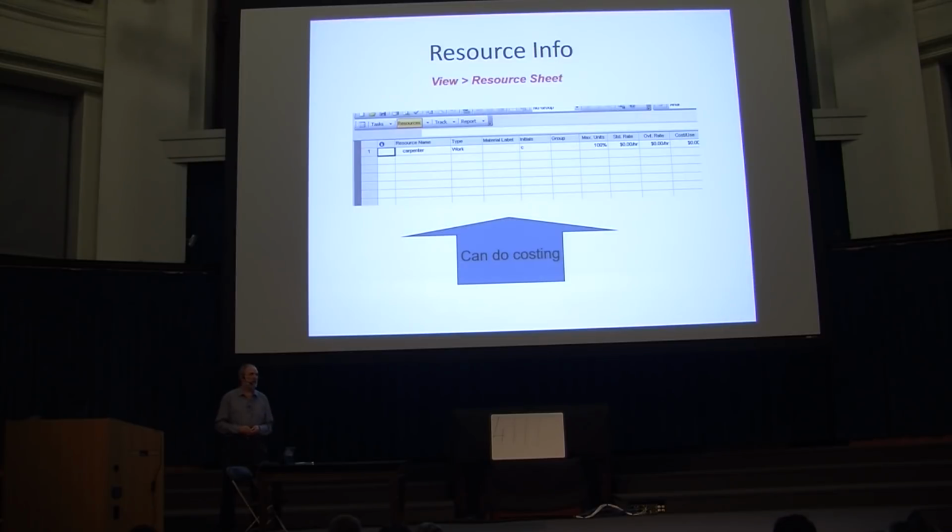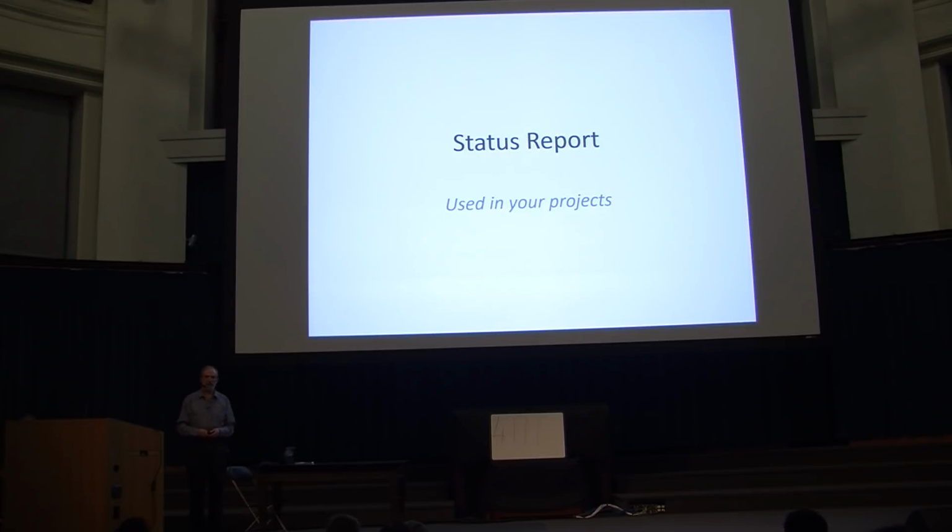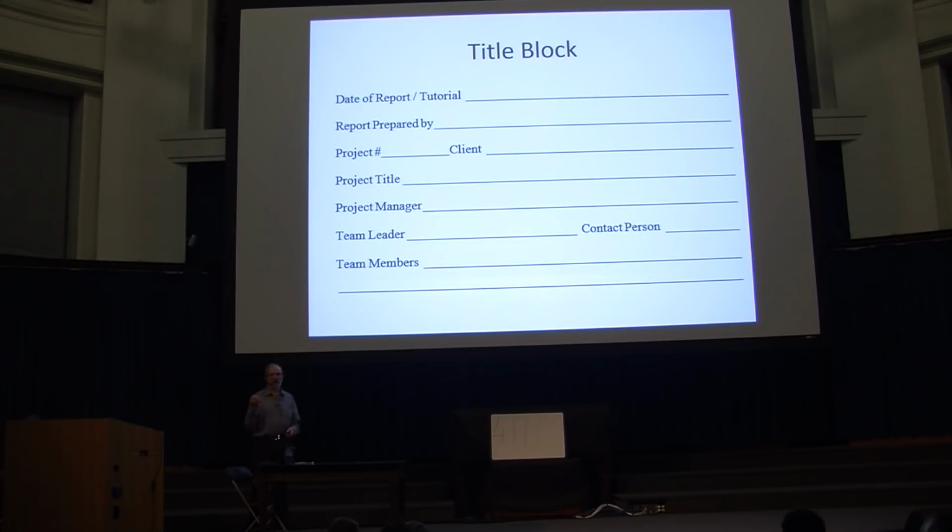Okay, one more thing I want to talk to you about, and that's the importance of keeping abreast of what the issues are. The way it's often done is through status reports. These are very important things that identify your project.